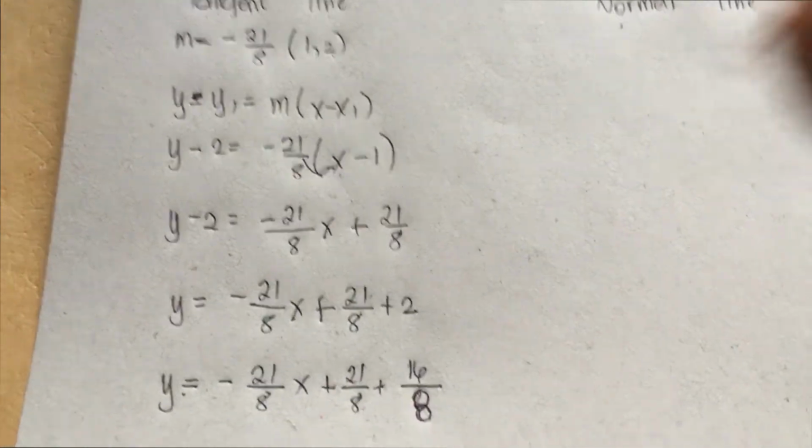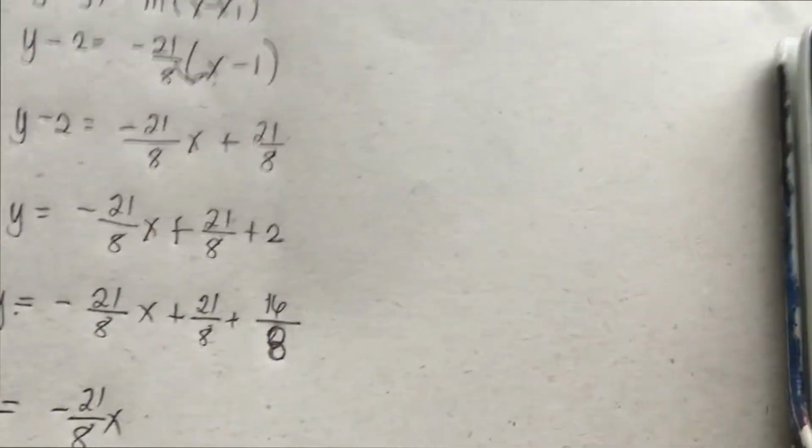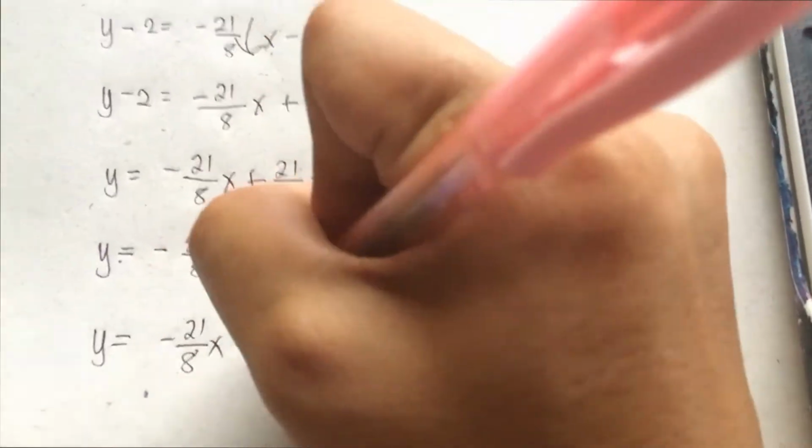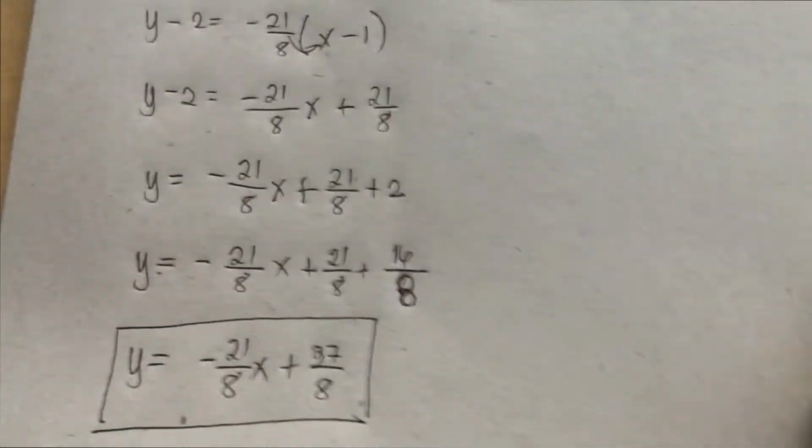So, the equation of your tangent line is y is equal to negative 21 over 8x plus 37 over 8.